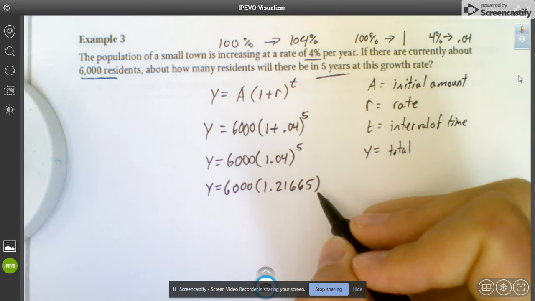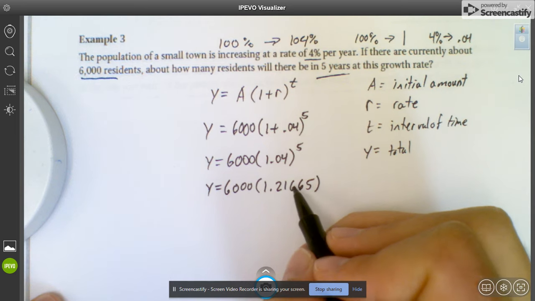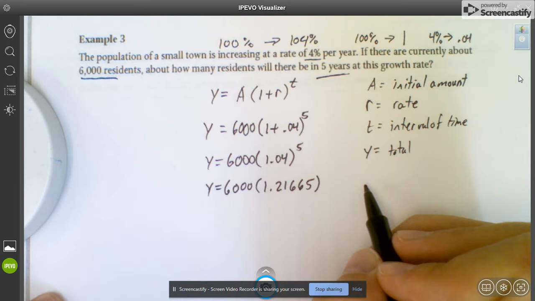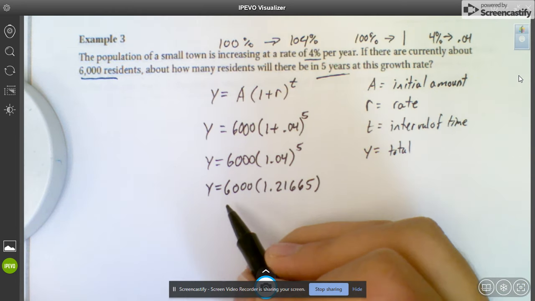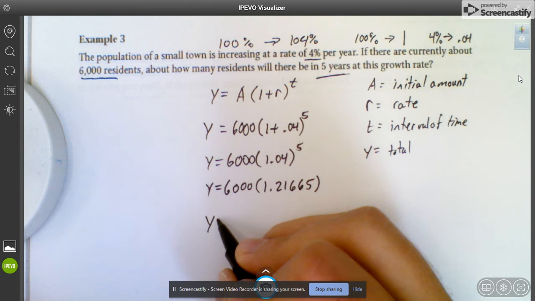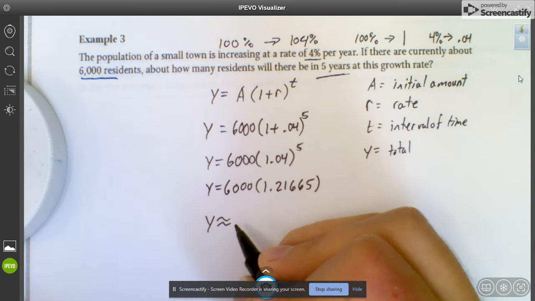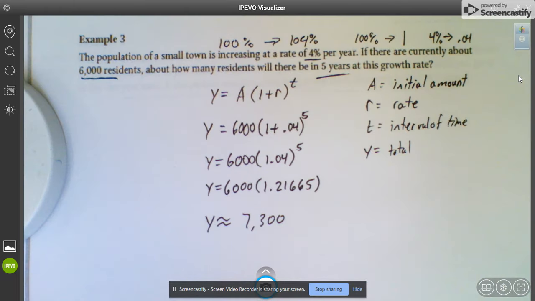Okay. And then to clean it up, you'd multiply by 6,000. In your calculator, if it goes out further than this, I wouldn't even bother rounding. I would just hit the multiplication button and do times 6,000 and then round your final answer. So what we're going to do is round to approximately 7,300. And again, what does that mean?